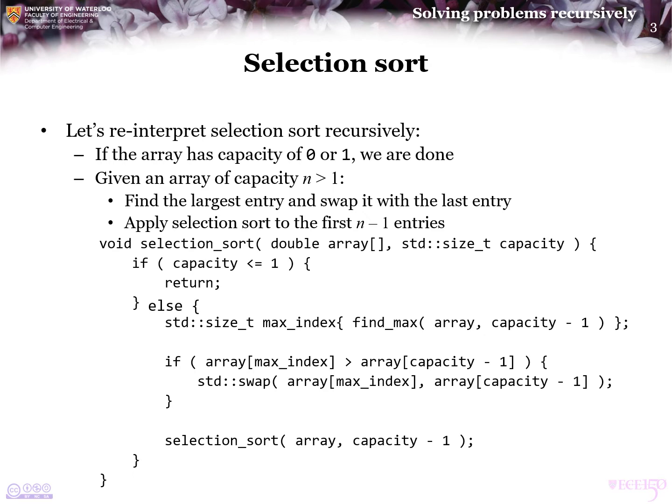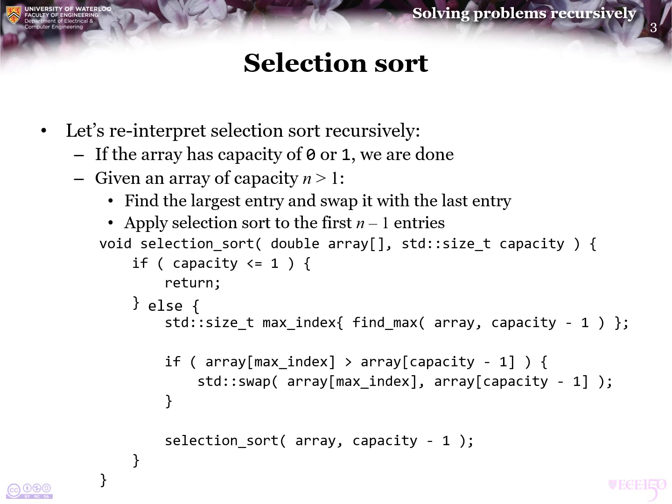So how does this sort an array of capacity 4? Well, it finds the largest entry and swaps it with index 3. It then recursively calls selection sort on that array with the second argument being 3. That finds the largest entry in the first 3 entries and swaps that with the third entry, and then recursively calls selection sort with a second argument equal to 2.